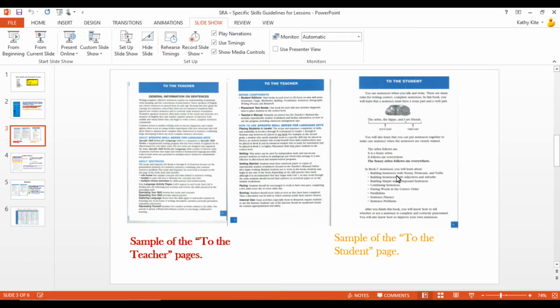These bullet points show an overview of what the book is going to cover. So here's the outline. And then of course at the very bottom it's telling the student whether or not a sentence is complete and correctly punctuated. So we're going to know what complete sentences are along with punctuation, and you also know how to improve your own sentences. So this means that beyond the scope of the work and learning how to write the sentence, the expectation is for the student to apply this beyond the book.